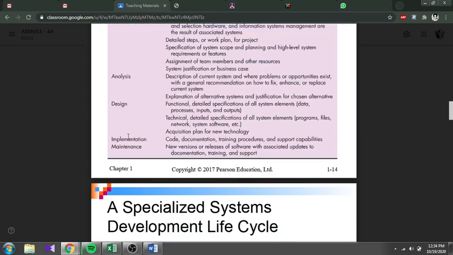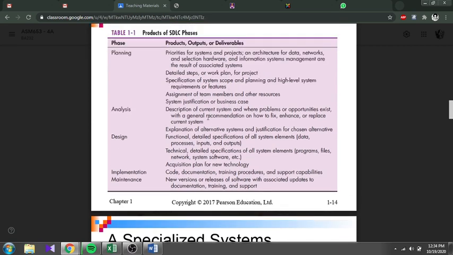After we do the analysis, we have a description of the current system, opportunities that exist, with the general recommendation of how to fix, enhance or replace the current system. On the design, an explanation of alternative systems, justification for the chosen alternative, functional detailed specification of all the system, and also the technical side and how this design can be acquired by the new technology.